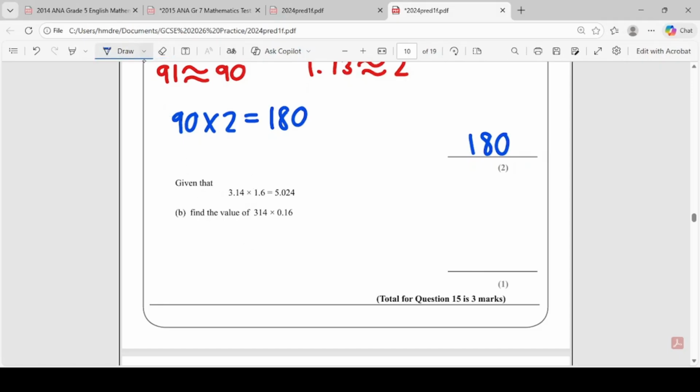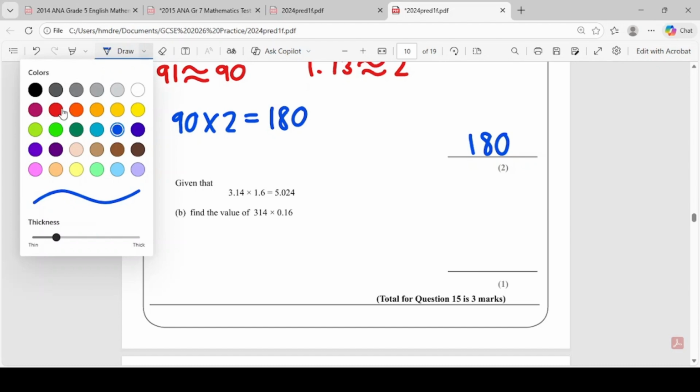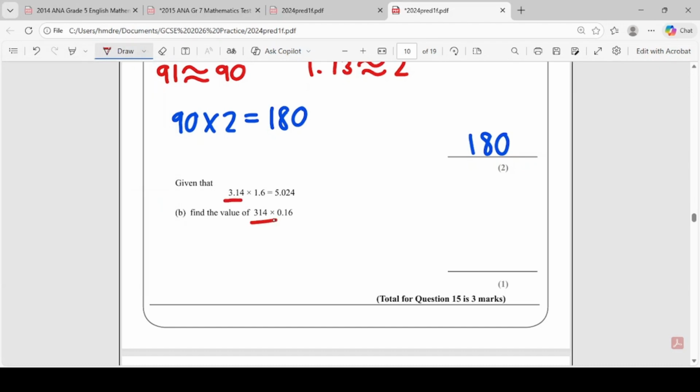So let's just see what we got here. To get from 3.14 to 314, we would have times that by 100. And to get from 1.6 to 0.16, we had to divide it by 10.